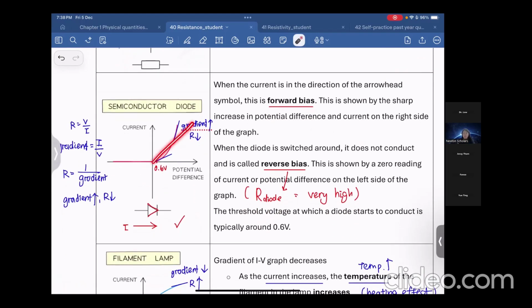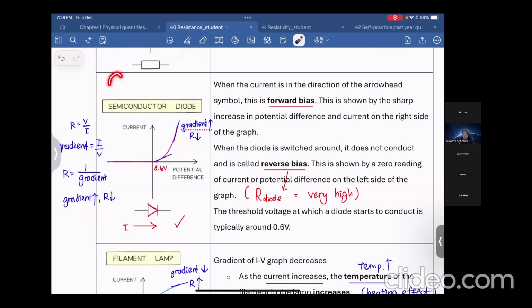Obviously, this one is not a straight line passing through the origin, so we understand this is a non-ohmic conductor. What is a diode? In Form 5, we learned it in the electronic chapter. A diode is a component that helps us convert AC to DC.